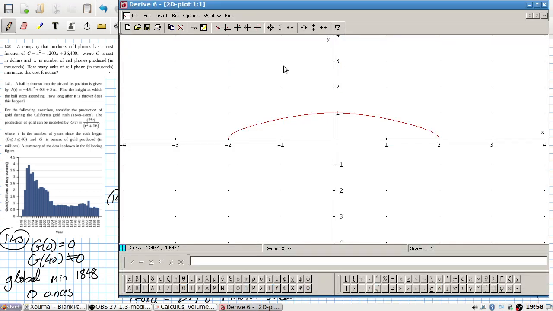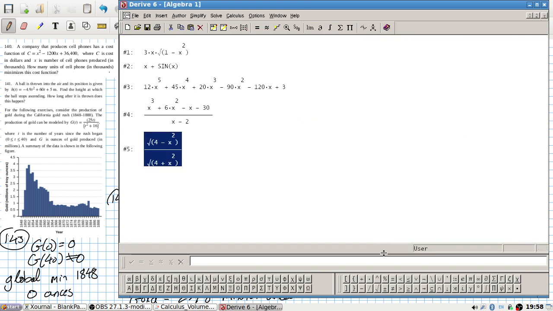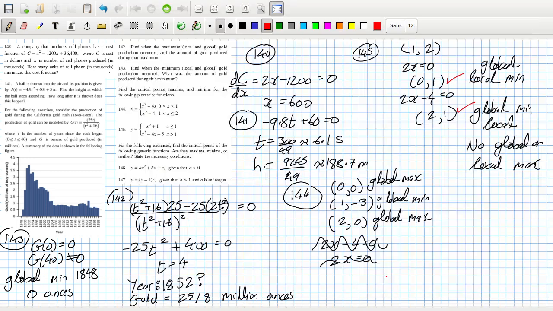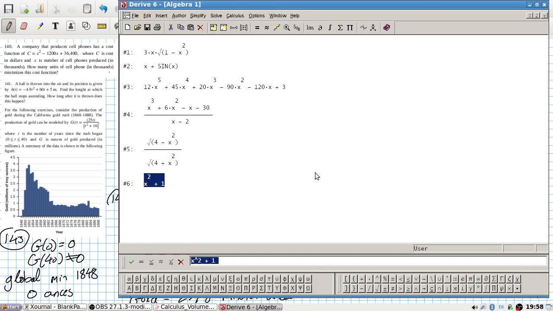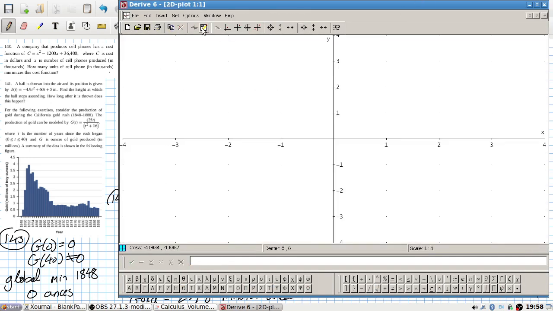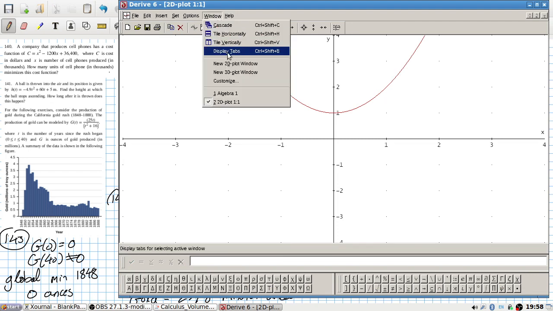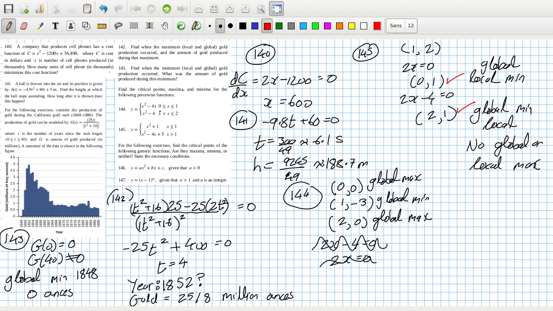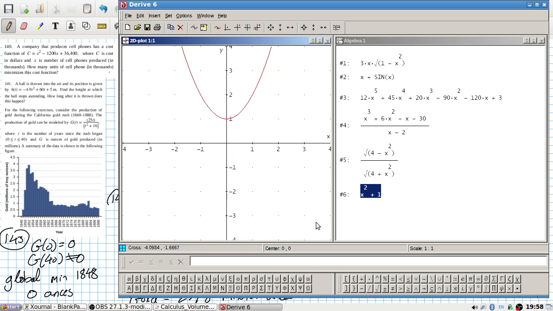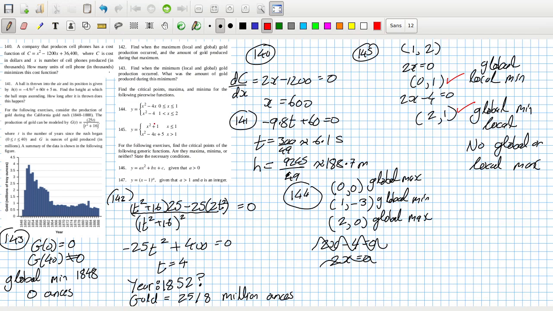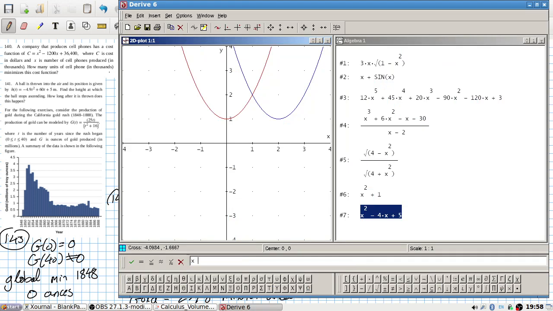Let me try and draw it. x squared plus 1. Okay, and then x squared minus 4x plus 5. And then it transitions at 1.